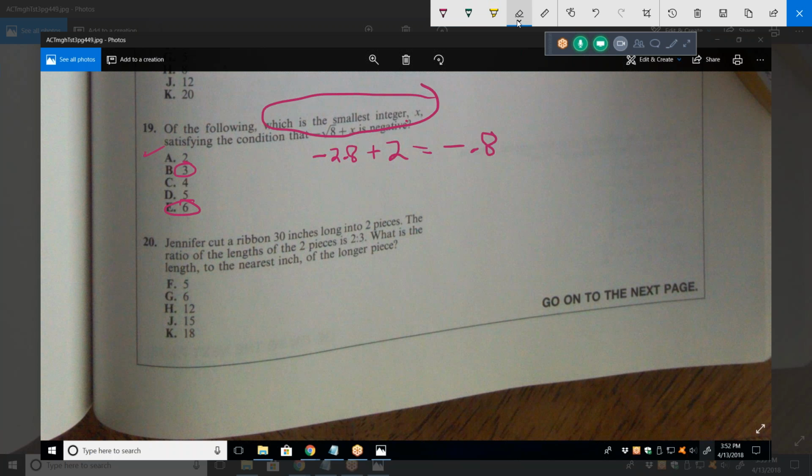All right, number 20. What's a good way to do 20?